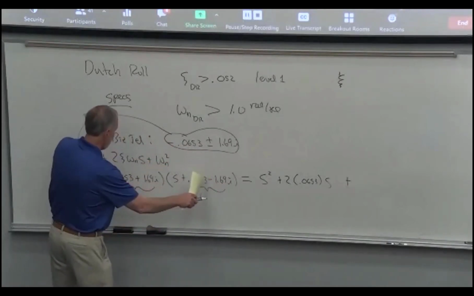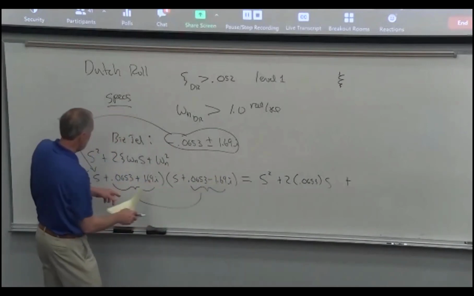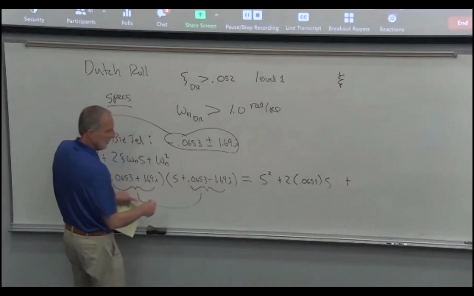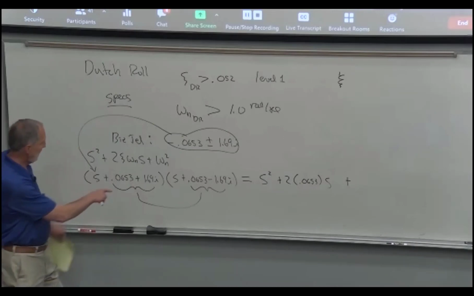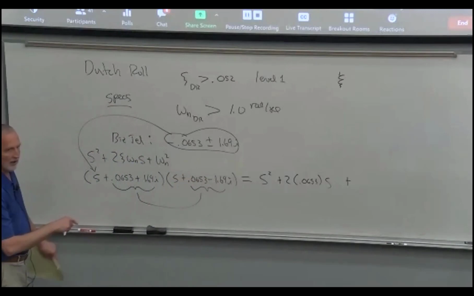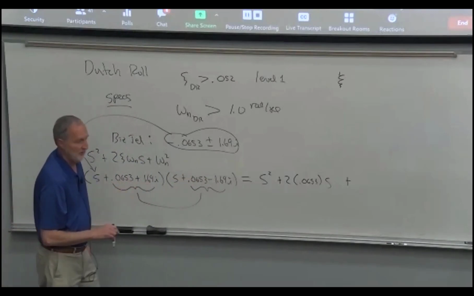So you get this thing squared plus this thing squared. And then the cross products of the minus times this and the plus times this cancel out. Do you follow all that? You just take these 2 numbers and multiply them together. The cross products cancel each other out, and you get this thing squared plus this thing squared.